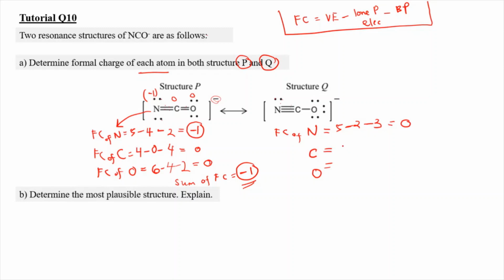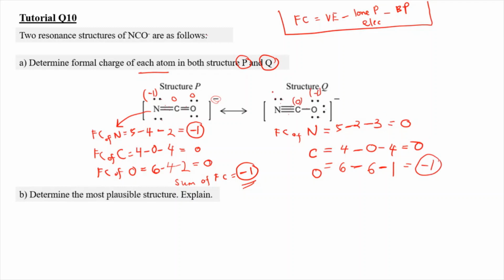For the carbon, we have 4 valence electron minus 0 lone pair electron minus 1, 2, 3, 4 bonding pair. So we're going to get 0 here. And then for oxygen, we're going to have 6 valence electron minus 1, 2, 3, 4, 5, 6 lone pair electron minus 1 bonding pair. So you're going to have -1 at the oxygen here.